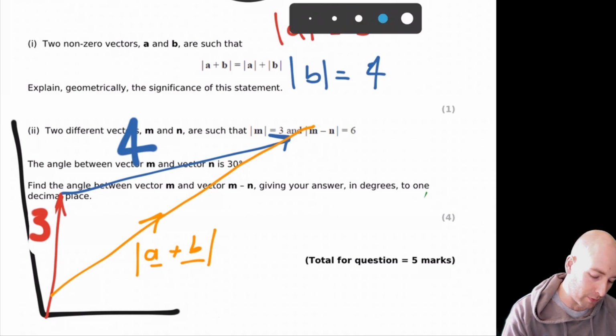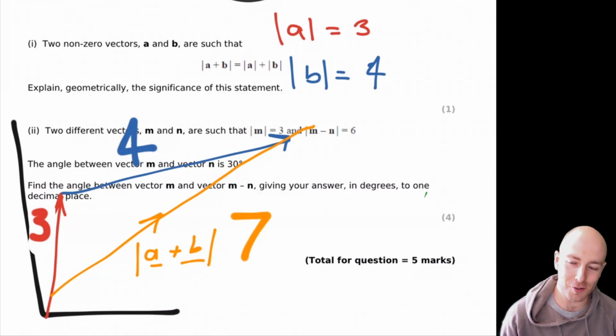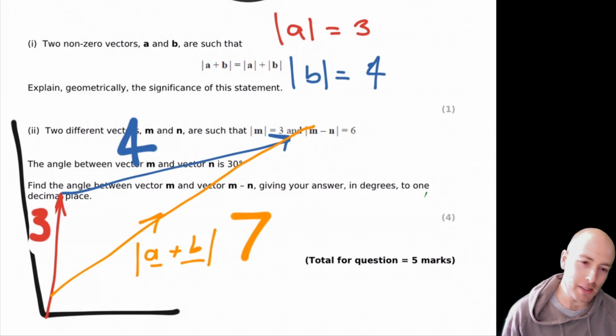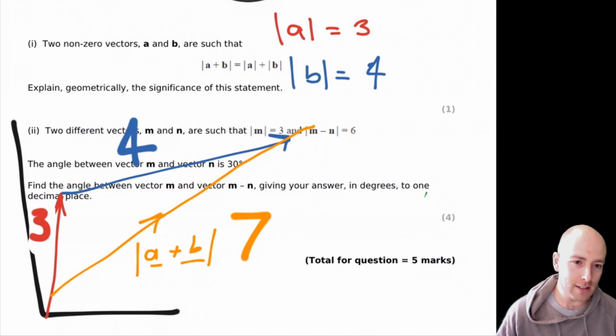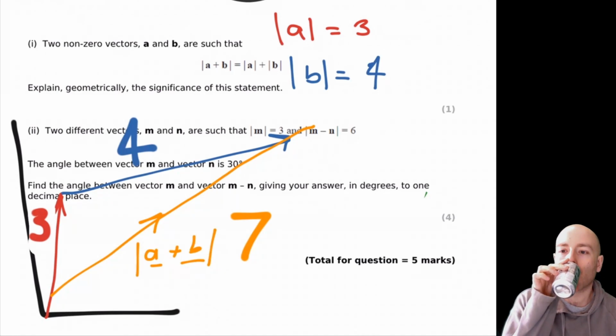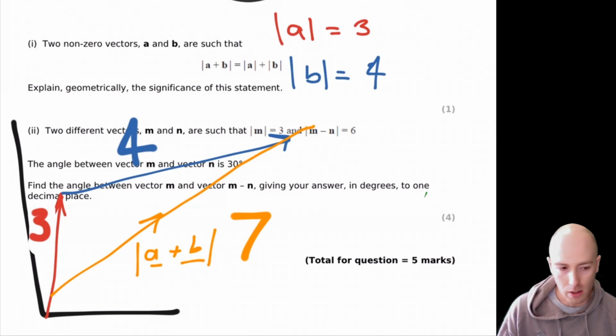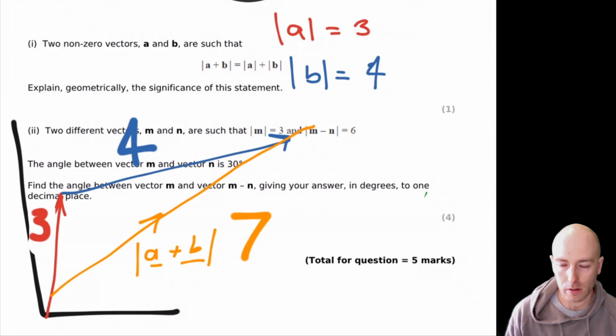For it to equal 7, for this side to equal 7 on this triangle, how can that happen? There is one situation where that's possible. What's significant about that case? Any ideas? Nope.